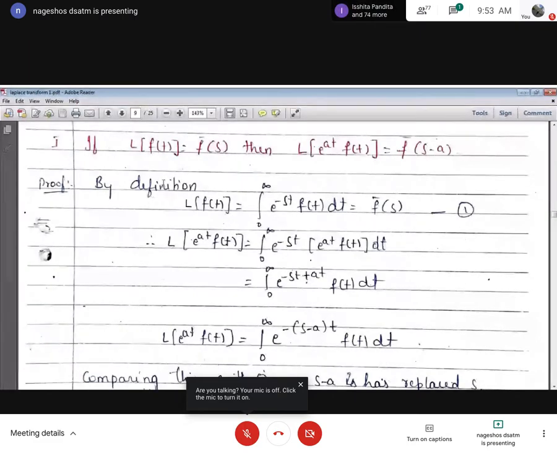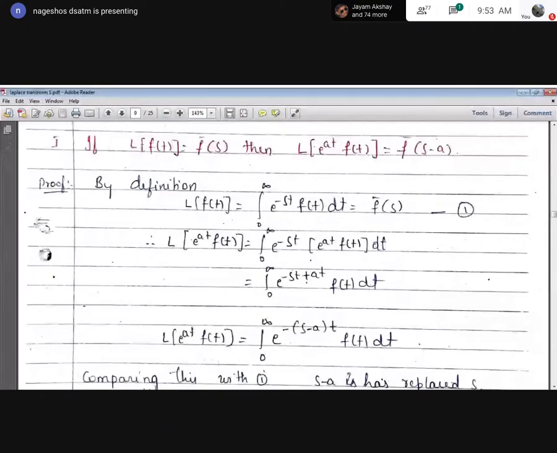What they are telling in this property is, if you have the Laplace transform denoted by L of f of t, which is also f bar of s, and if that function is multiplied with an exponential, then in place of s, write s minus a.